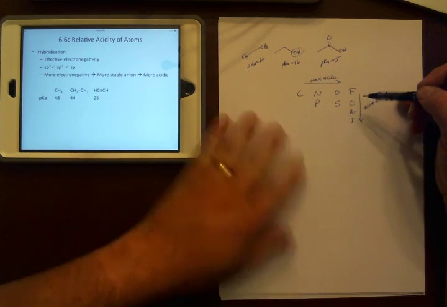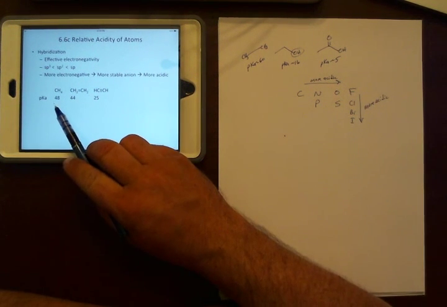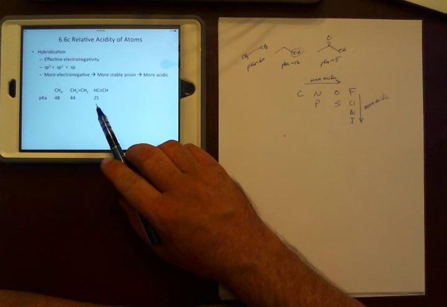Now hybridization also matters. If you have an sp3, it's going to be pretty difficult and have a pretty high pKa. But if that atom is sp hybridized, it's actually going to be pretty acidic.